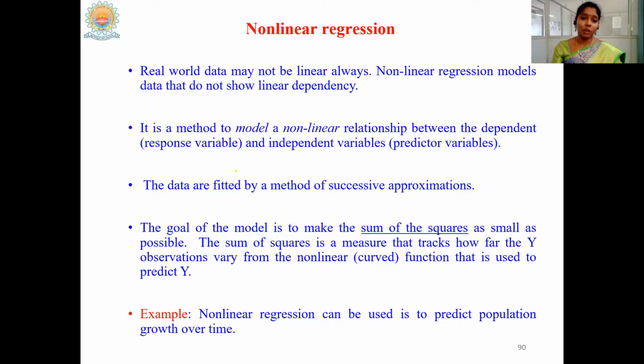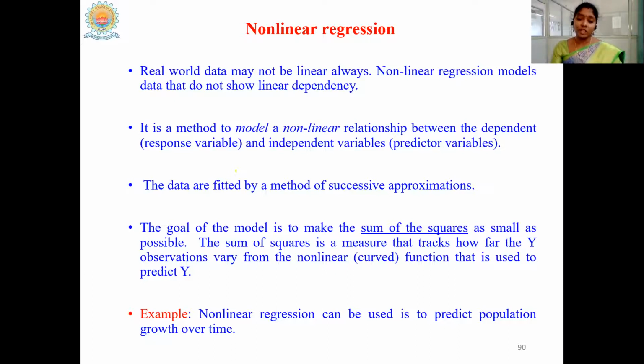Coming to nonlinear regression, since real-world data is somewhat nonlinear, we need to go for nonlinear regression. It is a method to model a nonlinear relationship between the dependent and independent variables. Here, the response variable is referred to as the dependent variable, whereas the predictor variable is referred to as the independent variable.